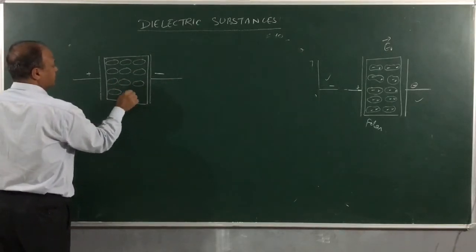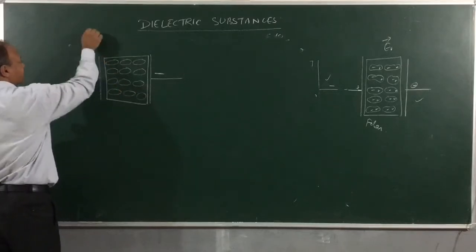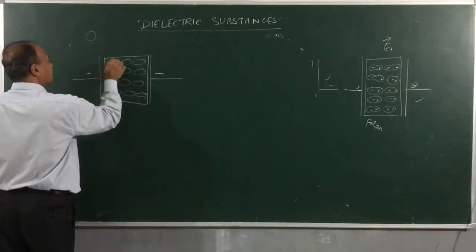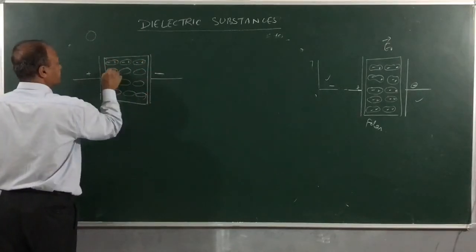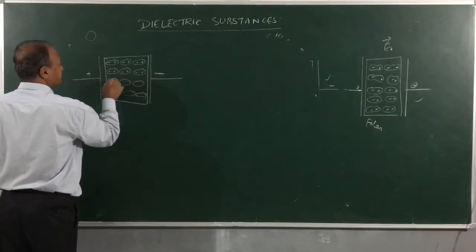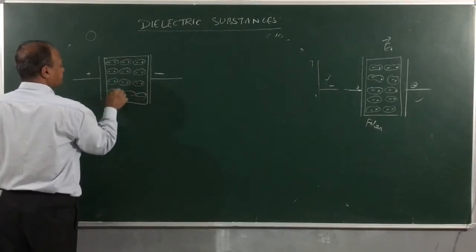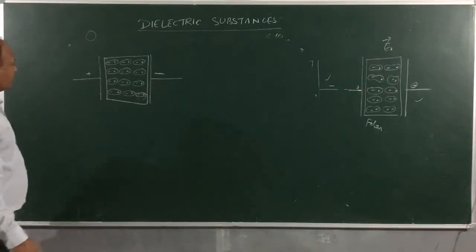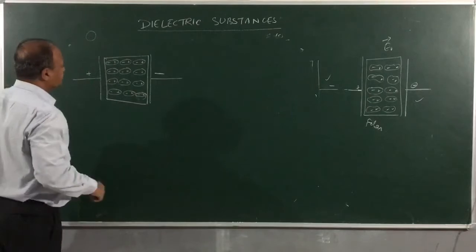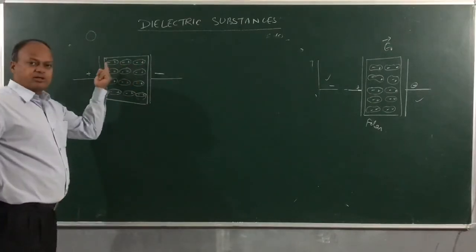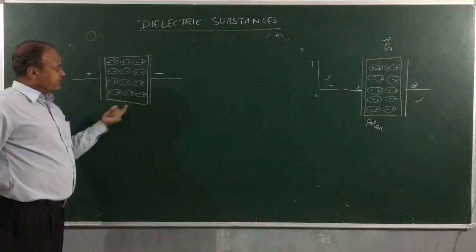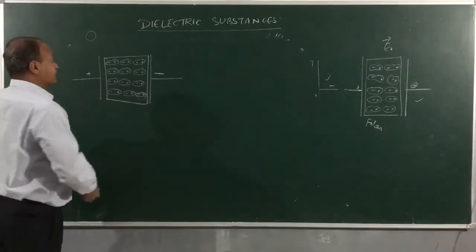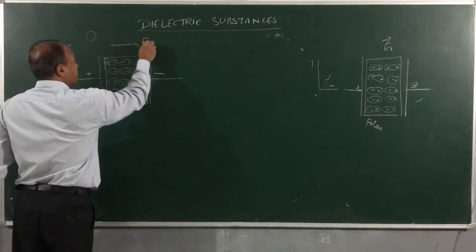These molecules were spherical earlier, now they have been polarized. Negative, positive, negative, positive, negative, positive. When you look at the whole dielectric slab, you see that each molecule has been oriented in a particular direction, and that is opposite to the applied electric field.